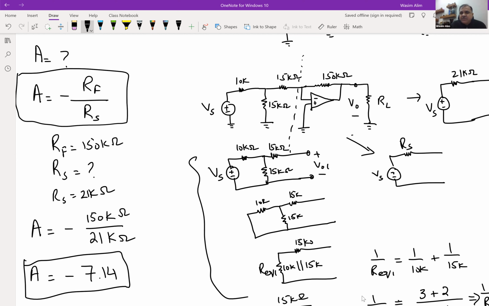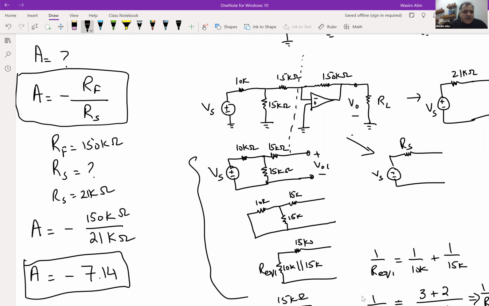So again, the node at which you see the feedback resistor and where the op-amp is connected is where you would start your analysis from, and then you simplify one side or the other side and essentially get the circuit to a standard form.